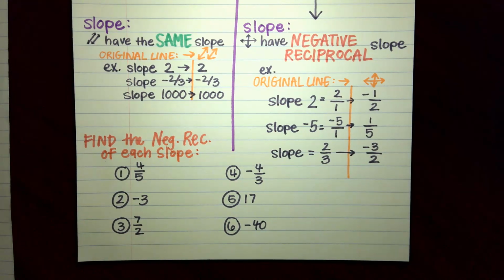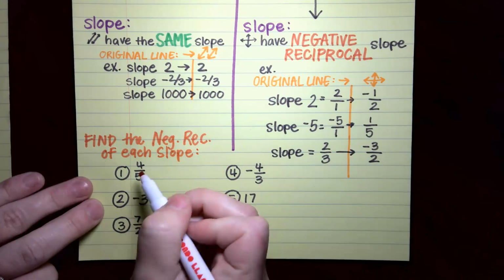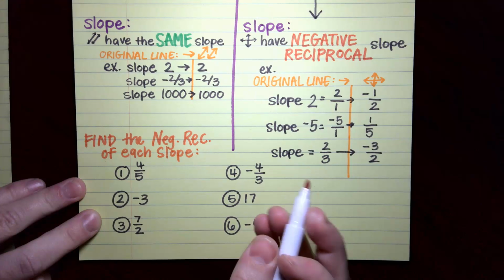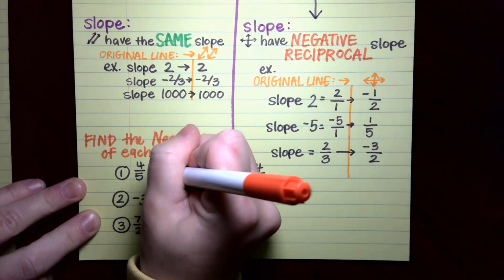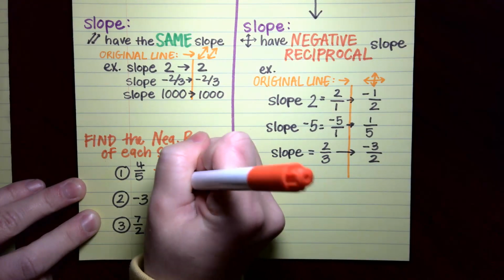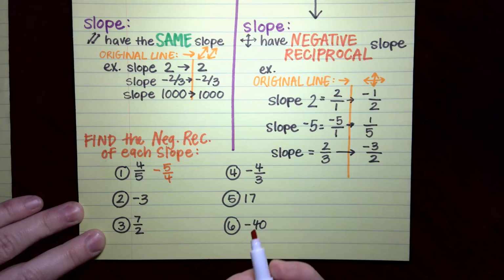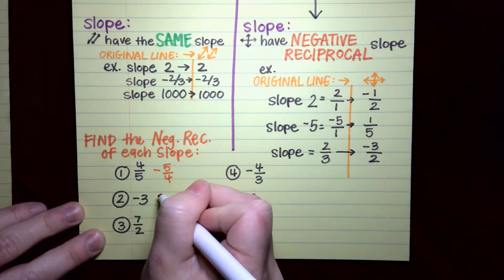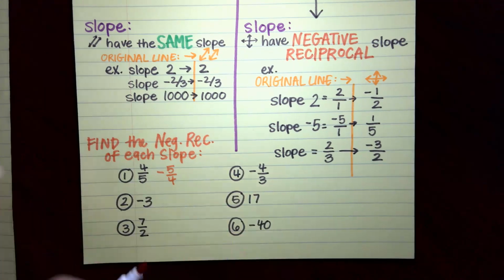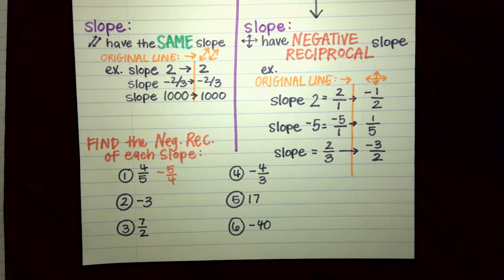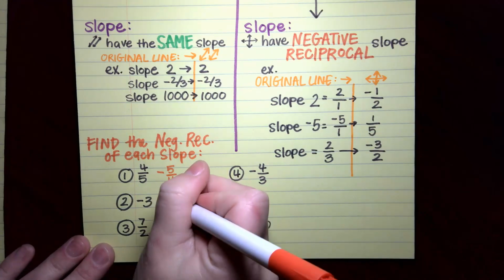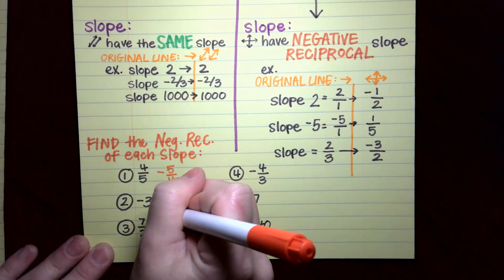So, what would be the negative reciprocal of 4/5? -5 over 4. Absolutely. What's the reciprocal of -3? Positive 3, +3 over 1, and then we have to flip it. So it's going to be +1/3.